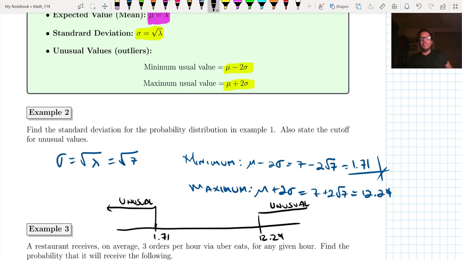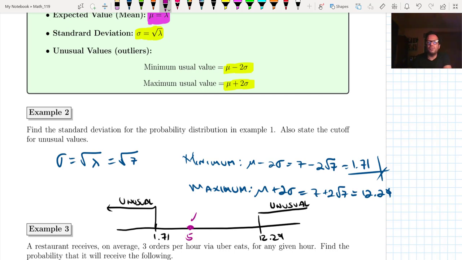For example, if they asked us, would it be unusual to have 5 people at a coffee shop? Well, 5 people is inside the region for usual values, so for 5 we're okay, it's usual.